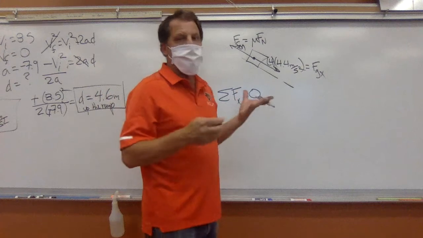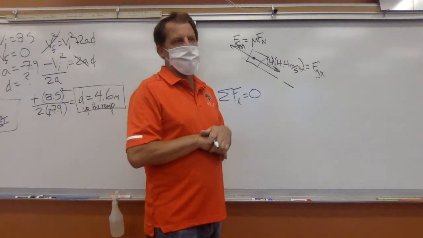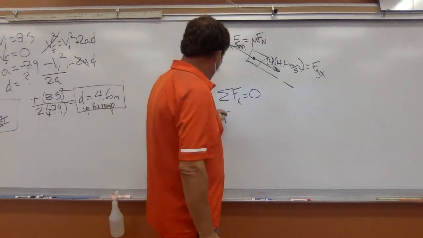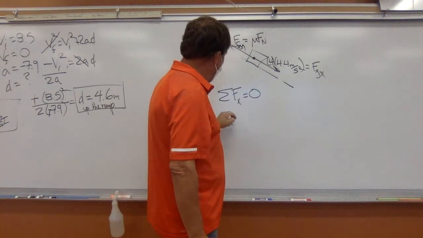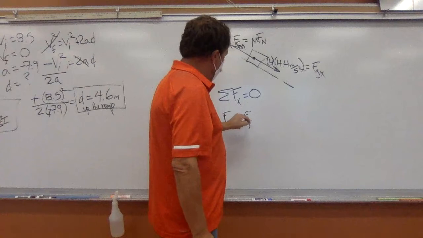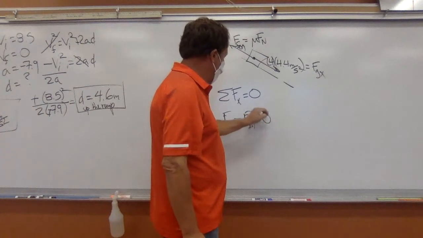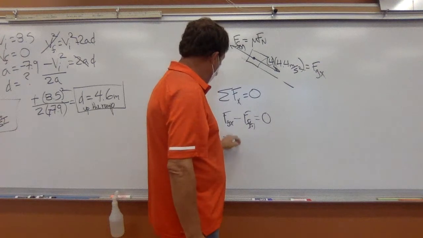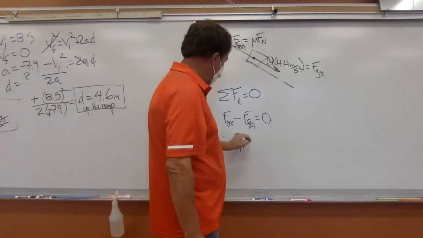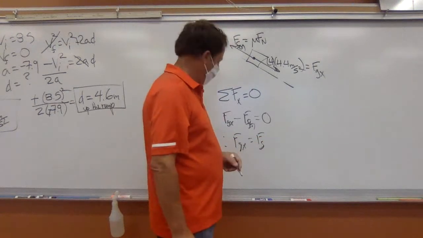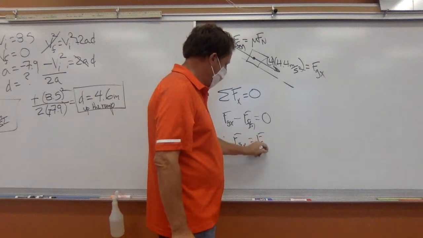It doesn't matter which direction we call positive. Let's say down is positive. So we have the force of gravity in the x direction minus the force of static friction equal to 0. Therefore, the force of gravity in the x direction is equal to the force of static friction.